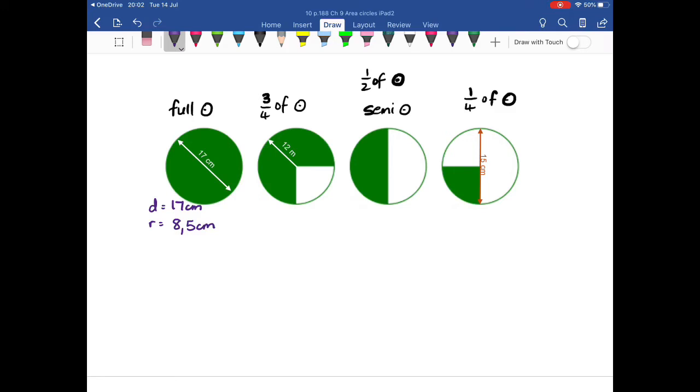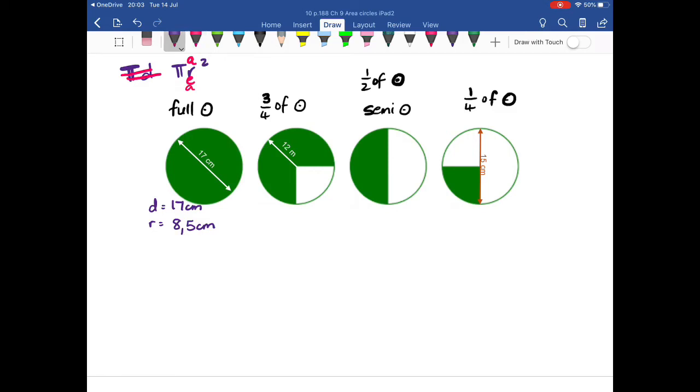The question said find the area of the circle. So we see circles, we write down diameter equals, radius equals, and we write pi d or pi r squared. And remember, area is that one, so we're not even looking at that formula.